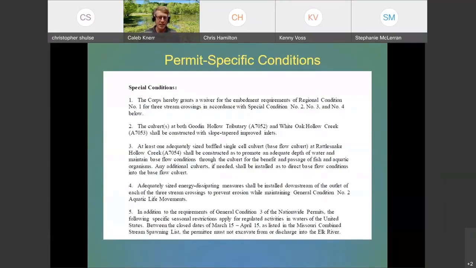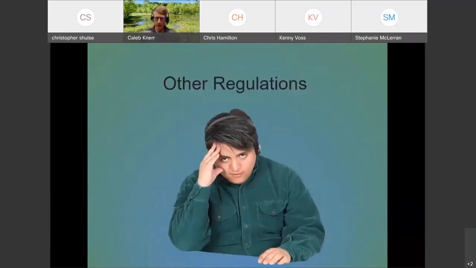This is just an example: there were 2 pages in this specific permit for the large I-49 project in Southwest Missouri. So if that wasn't enough, there's more regulations on top of that that we're going to get into a little bit.